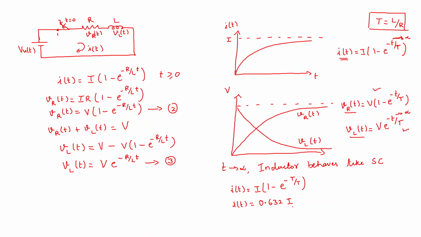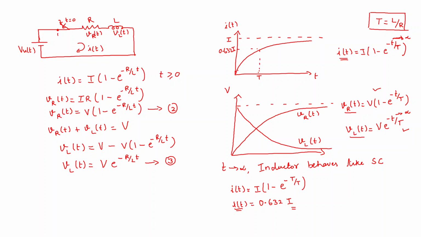So the inference here is that your current I of t reaches 63.2 percent of your steady state current when the time is equal to the time constant. So when t is equal to capital T, for example if this is the capital T time, the current will be 0.632 I. That is 63.2 percent of your steady state current.